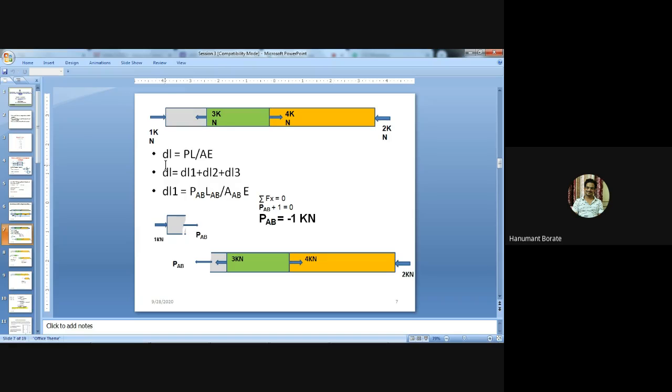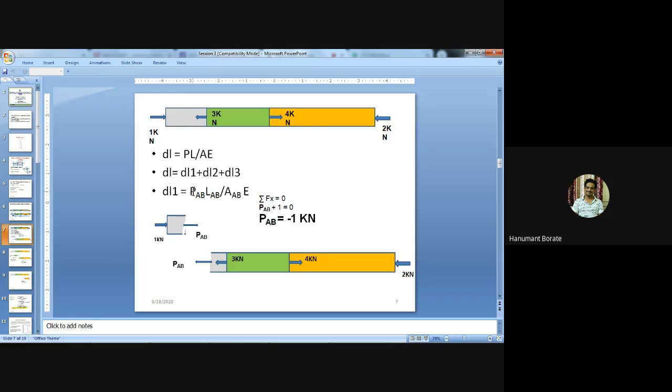But you can see here delta L equal to PL by AE. This deformation delta L depends on the length also, right? So we need to calculate the deformation of each and every member. So the formula is delta L equal to delta L1 plus delta L2 plus delta L3. Okay. Now first we'll find delta L1, using the formula PL by AE.